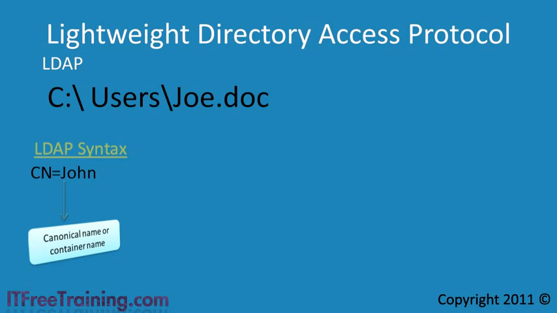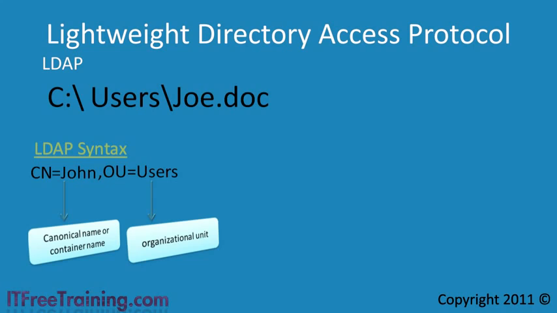Let's say the object John is located in an organizational unit called users. If you are confused, think of organizational unit, or OU, as a folder inside Active Directory. To access this OU, add OU equals users. Now, if I were to compare this with accessing a file on the hard disk, I now need to specify where this object is.